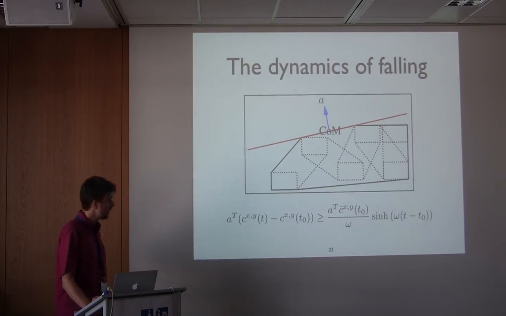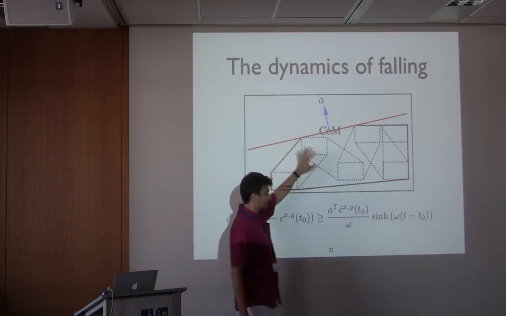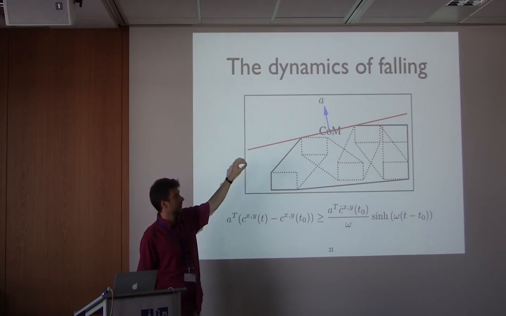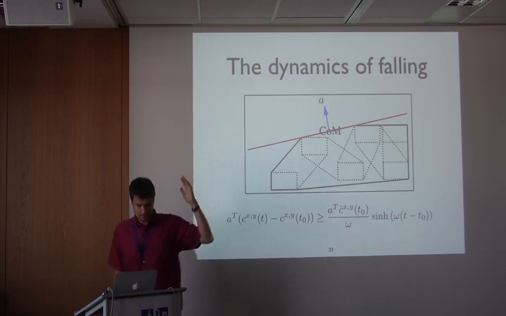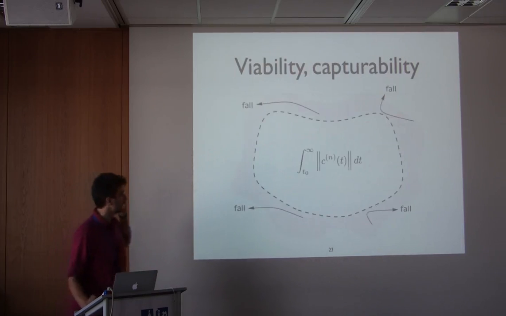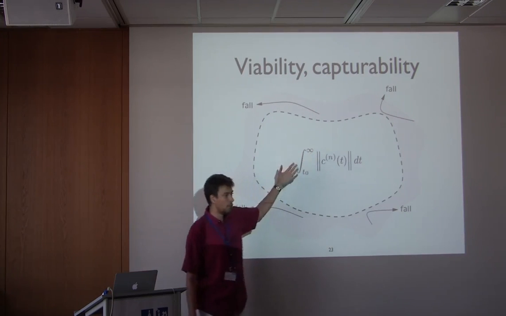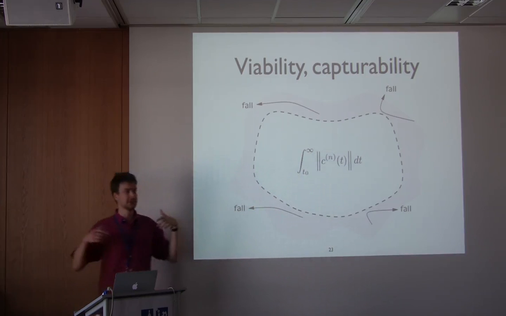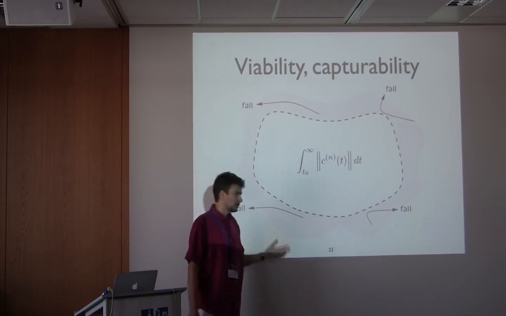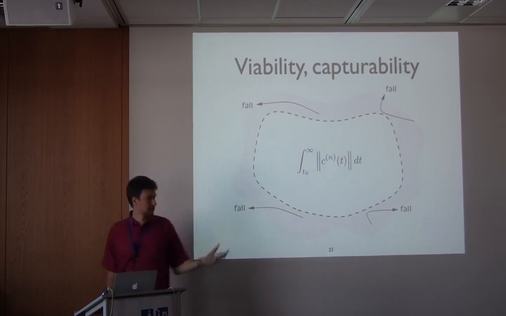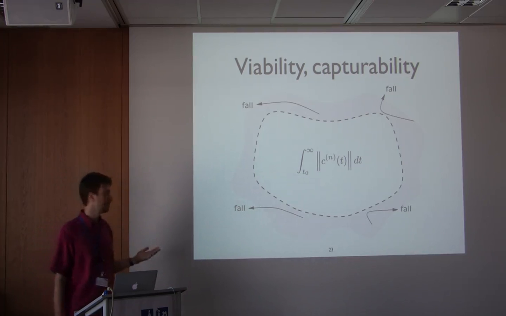However, in our case, remember that for this simple dynamics, you diverge exponentially. So if you focus on the integral of the norm of any derivative of the center of mass, because if you diverge exponentially, then the speed diverges exponentially, the acceleration diverges exponentially, any derivative diverges exponentially.